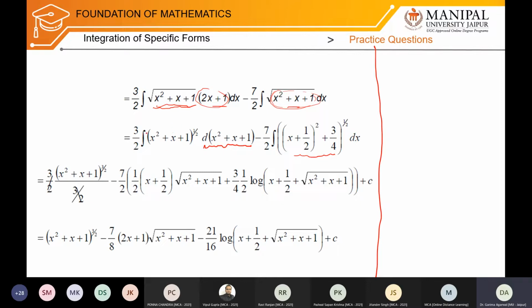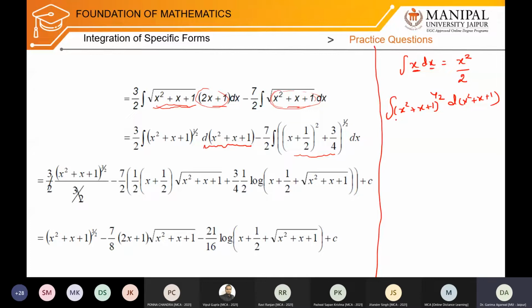Let me explain this step. Integration of x dx can be written as x square by 2. So the integration of (x square plus x plus 1) whole power half with respect to x square plus x plus 1. Here, what we are doing is the same as the integration of x with respect to x.